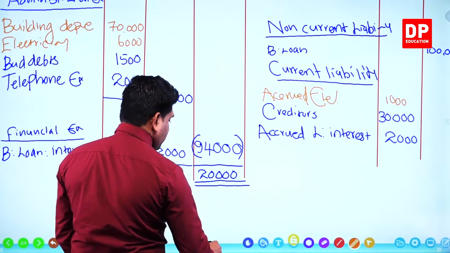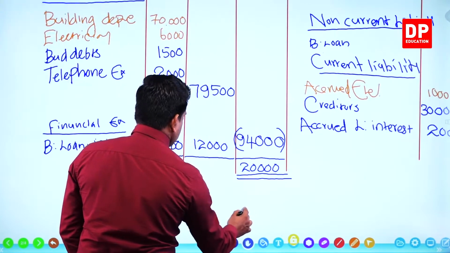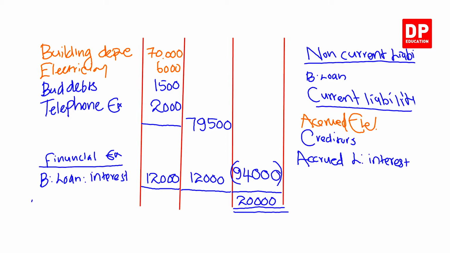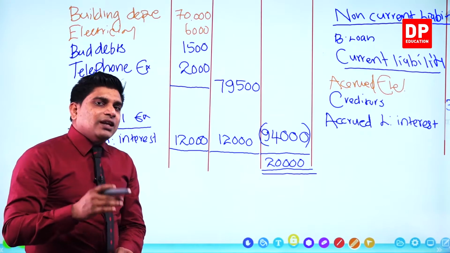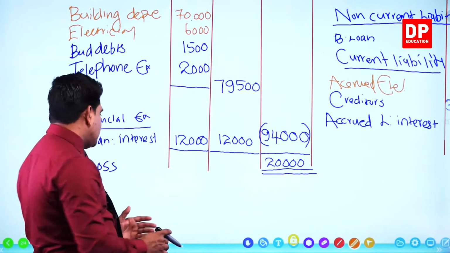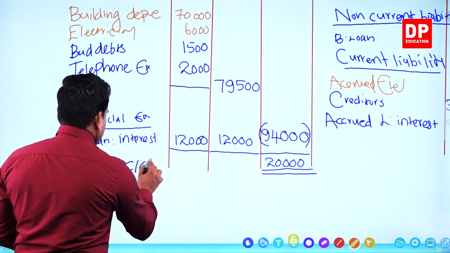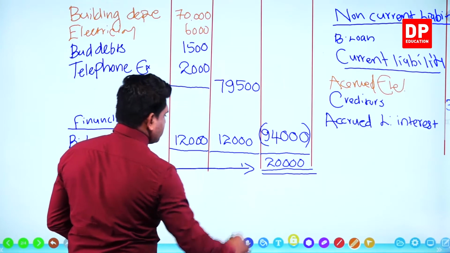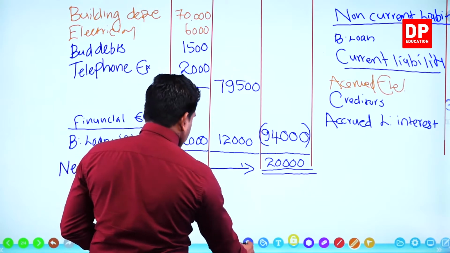In front of the net profit or net loss, what do we write? You remember, net loss carried to capital account. You must write net loss carried to capital account. How much? 20,000, right?